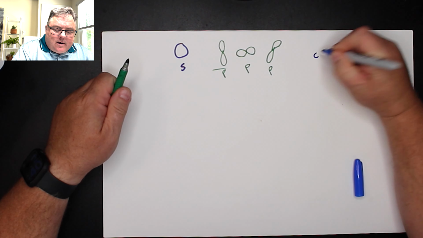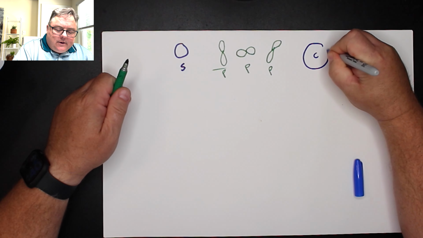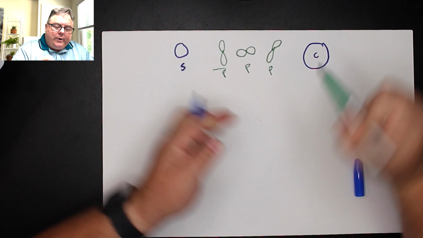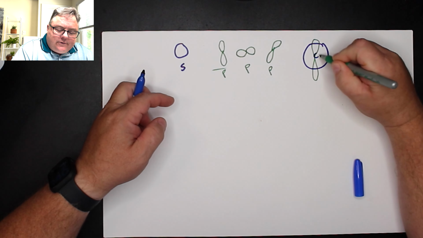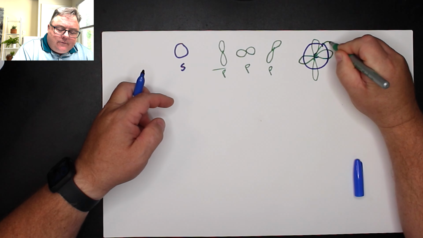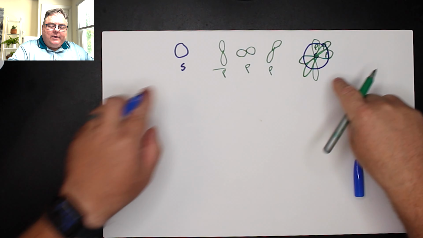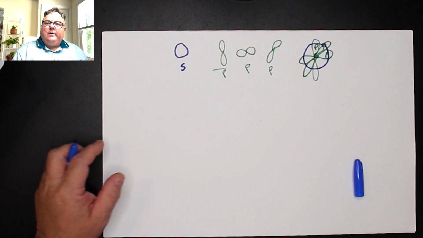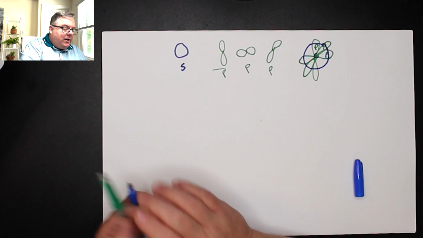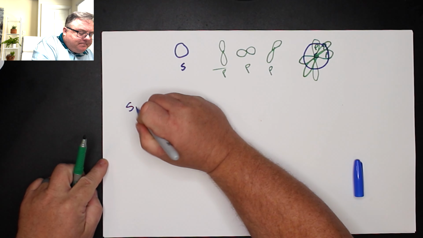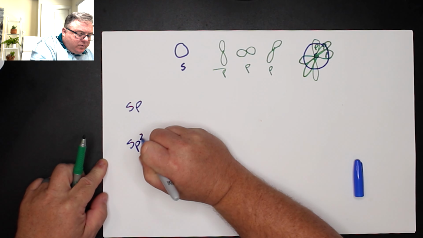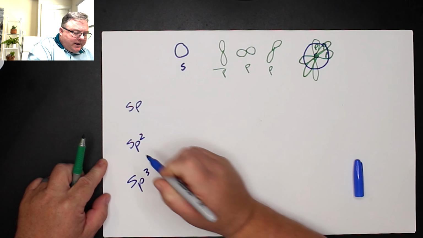So our carbon atom has maybe a 2s orbital and 3 2p orbitals. I want you just to remember that these are all on the same carbon atom. So these can mix together in different ways on that carbon atom to make orbitals that we call sp, sp2, and sp3.